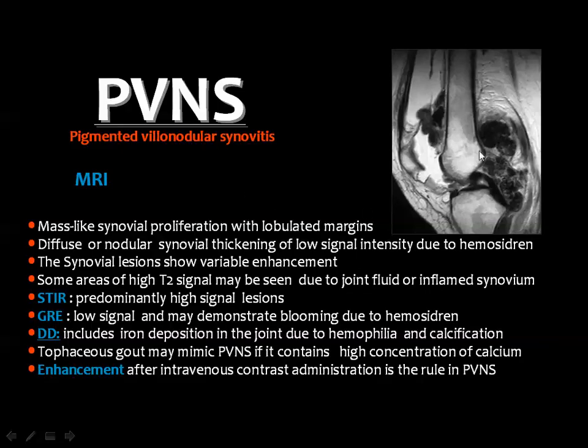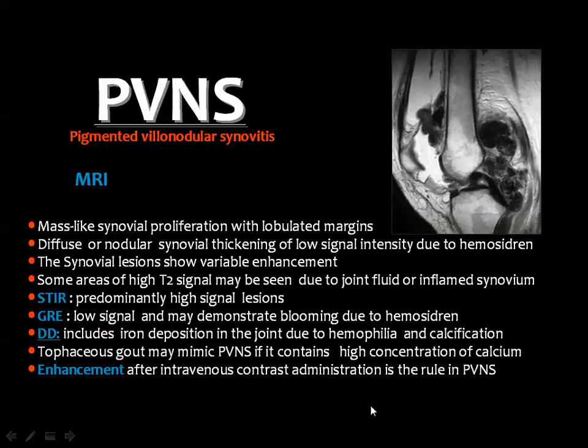You can see multiple masses inside the joint, and these masses have signal characteristics including intermediate signal in the T1 and dark signal in the T2 weighted images. On STIR images, they may show an increased signal. On gradient image, they may demonstrate blooming due to the presence of hemosiderin.